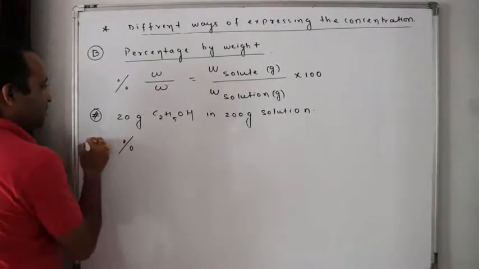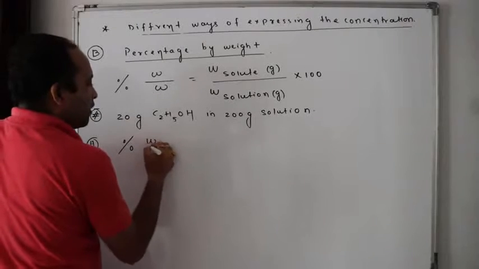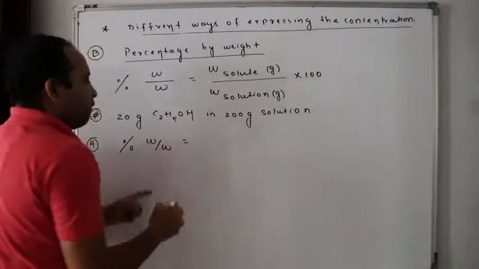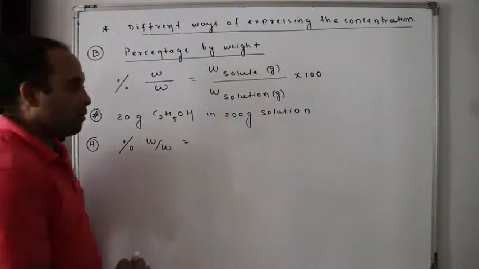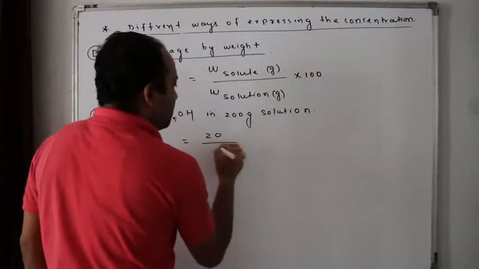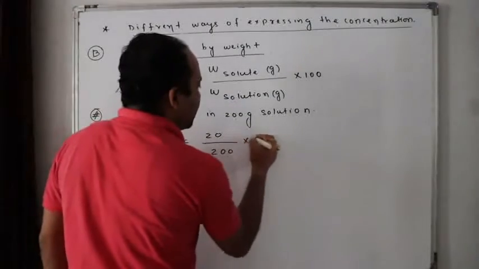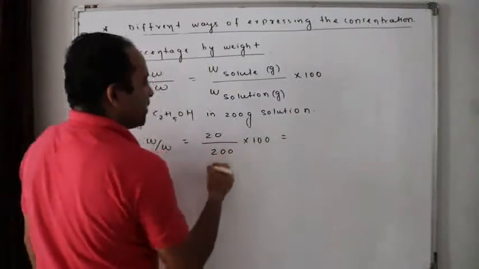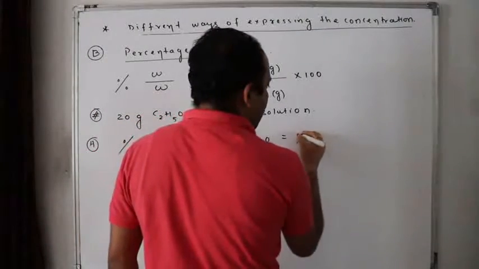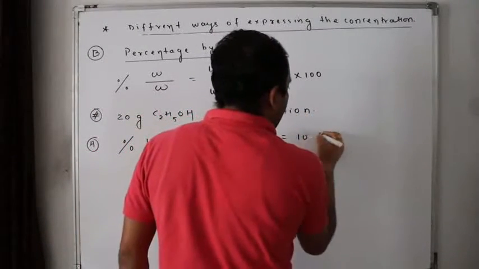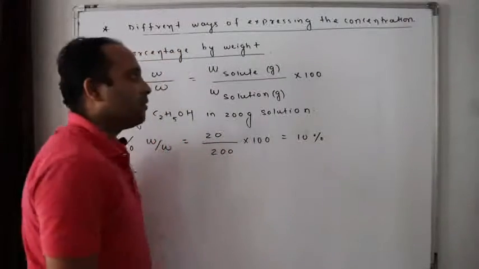Percentage W by W, that means weight of solute by weight of solution, is equals to 20 by 200 into 100. So how much is it? 10%.